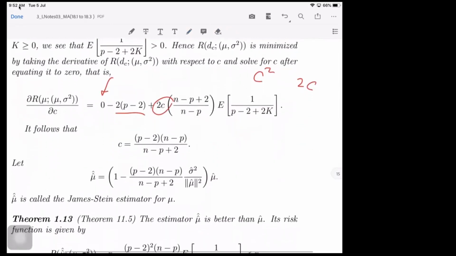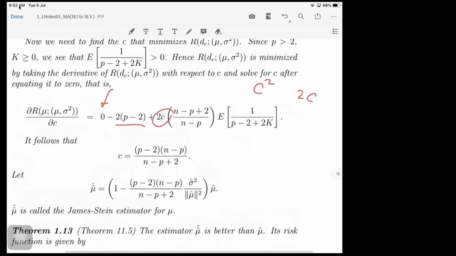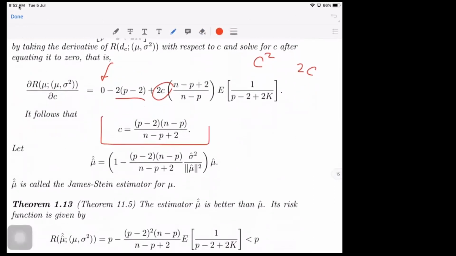All other terms will just be constants, and cancellation and solving for C alone will lead you to this. I will not do the algebra; you do the algebra and you will arrive at C equal to P minus 2, over N minus P, and then N minus P plus 2.